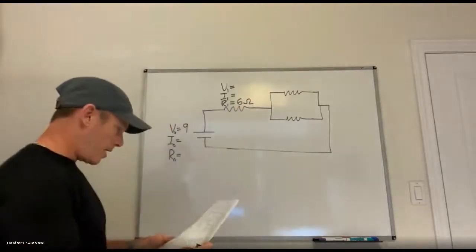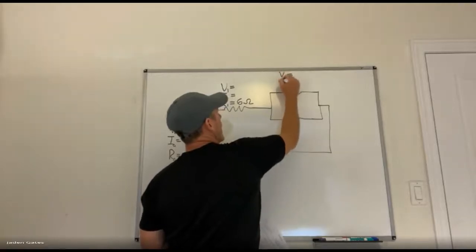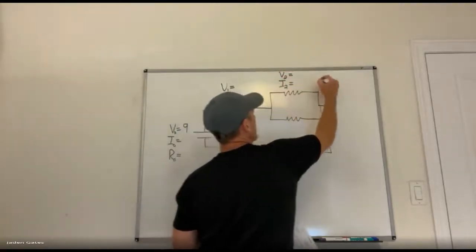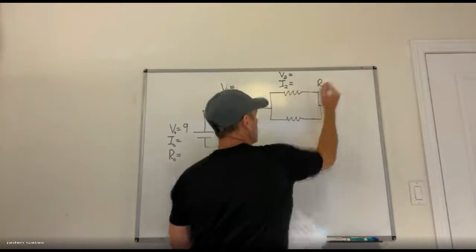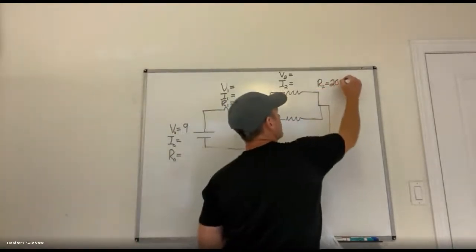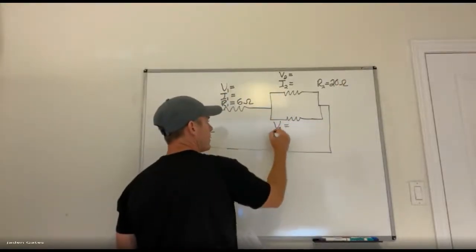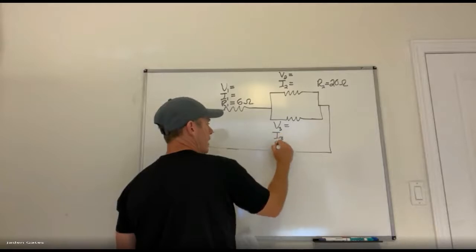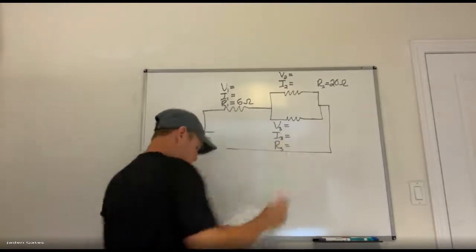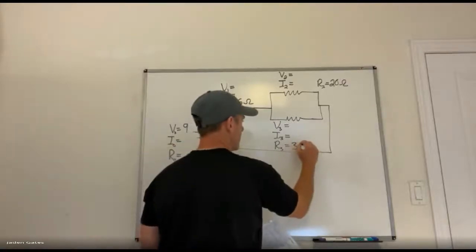Next up, number 2, so I'm going to call it V2, I2, and R2. I believe we know the resistance, 20 ohms. And then finally down here, our third one, so I got V3, I3, and R3. And what do we know here?